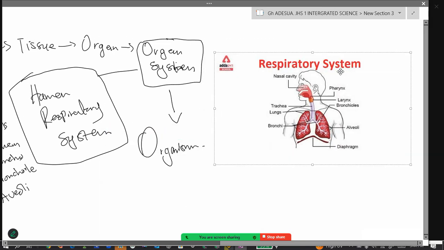So this is the human respiratory system. I think this is the simplest one we can talk about at your level.